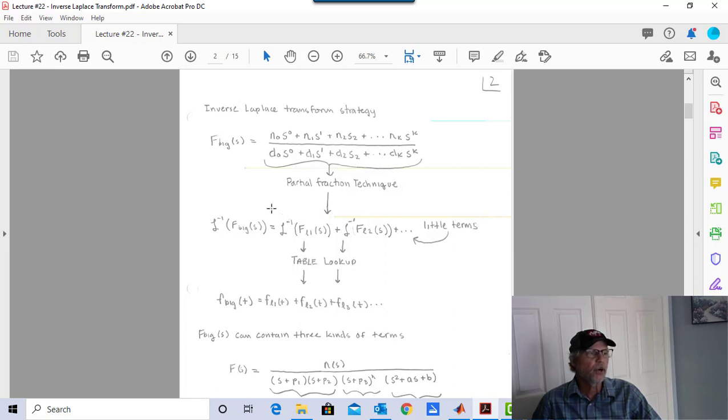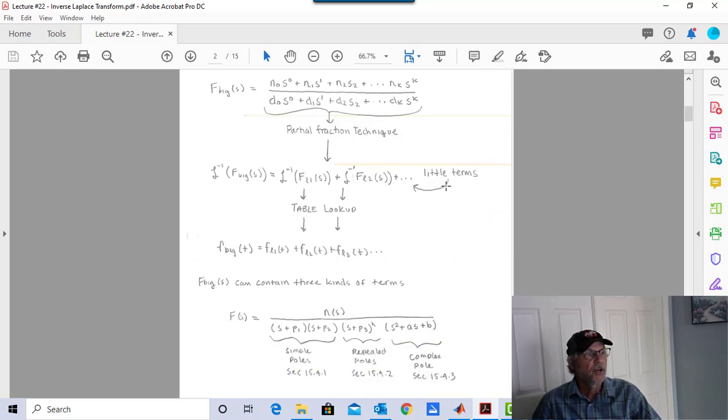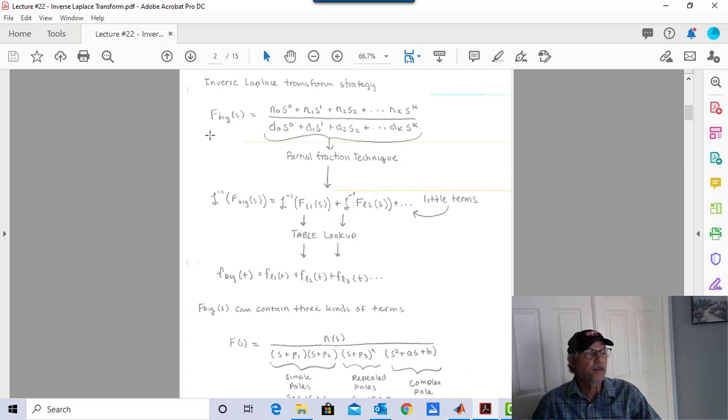And then what we're going to say is that the inverse Laplace transform of F big of s is going to be the inverse Laplace transform of F little 1 of s plus the inverse Laplace transform of F little 2 of s plus blah, blah, blah.